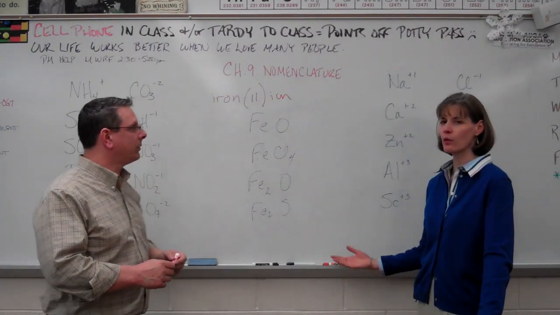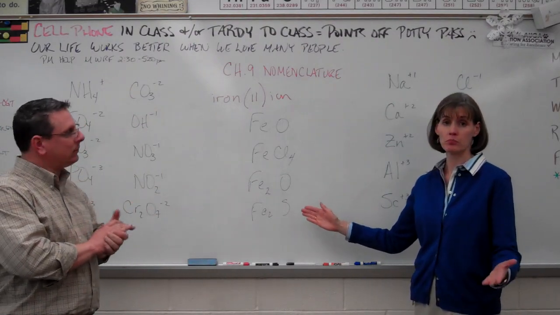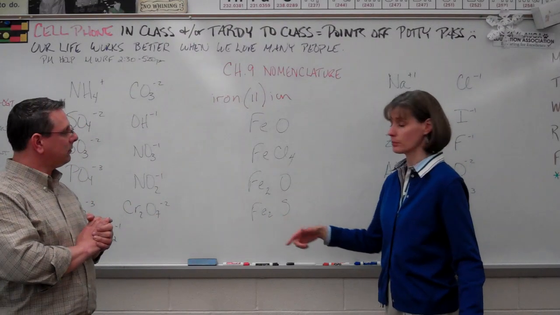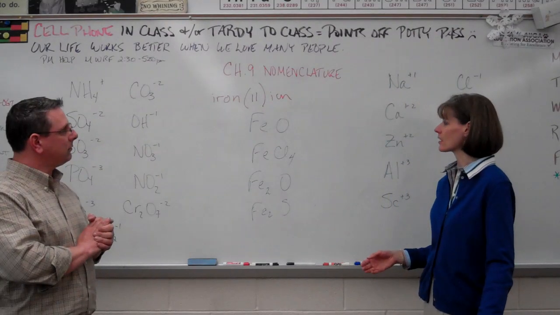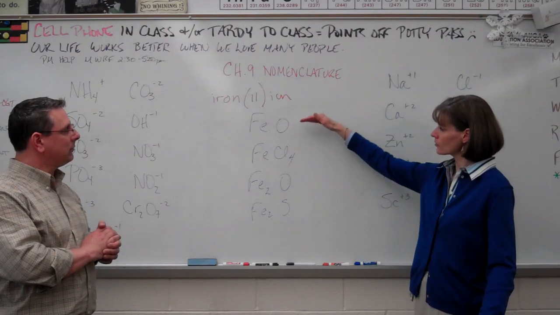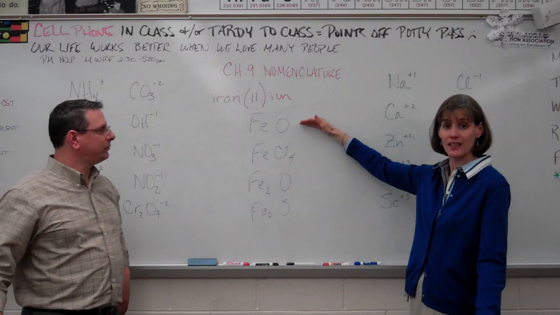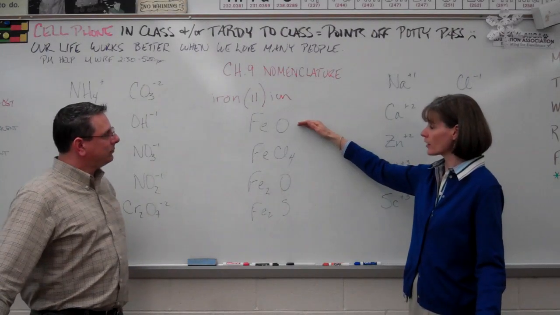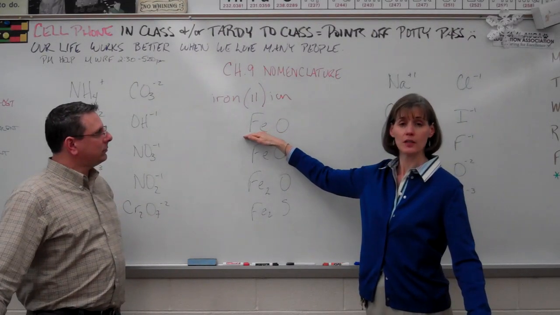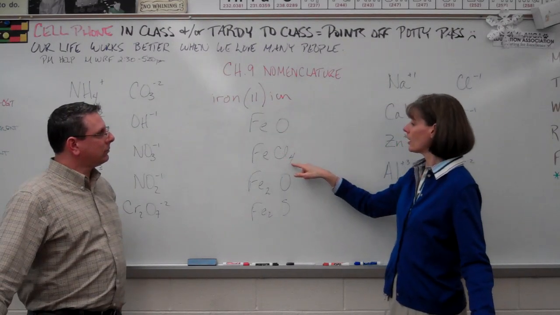Okay, so we got to think about, well, what's it attached to? Because we know when we see iron, there's several oxidation states that are possible, +2, +3, and I think there's even a +6. So then we got to base this off of the other element. We've been over oxygen, I don't know how many bazillion times. Oxygen's got a -2 charge. If there's one of them attached to one iron, that means iron must be a +2 charge. So that would solve that one there.